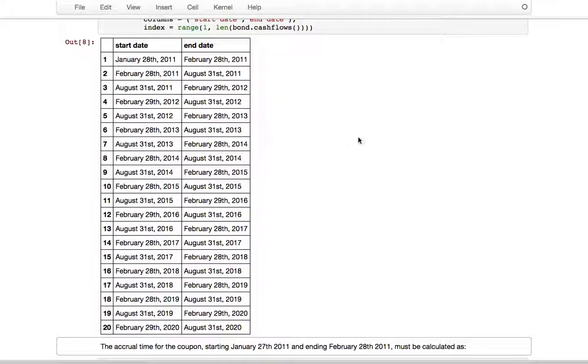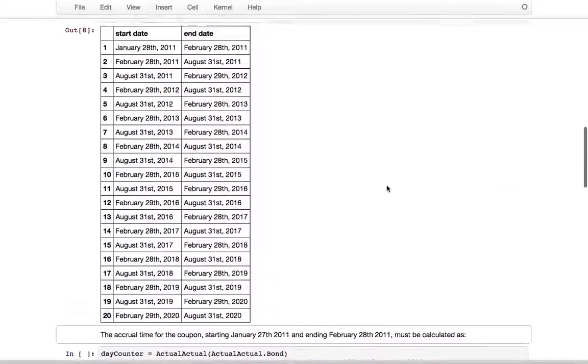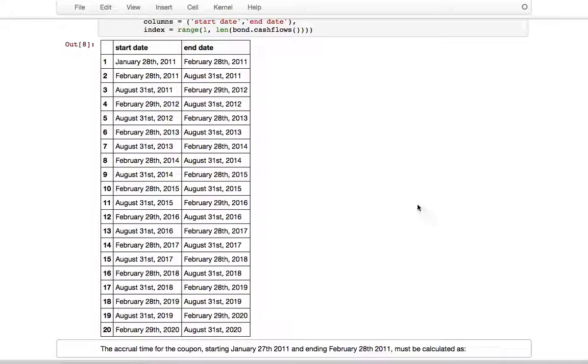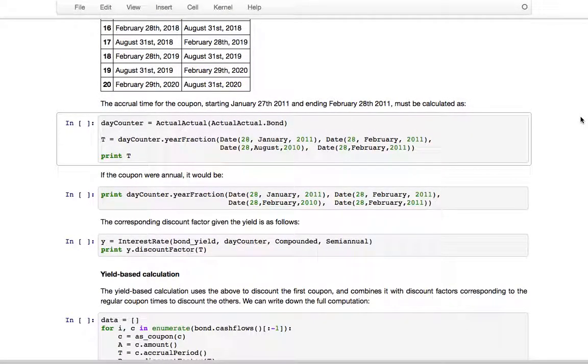So the coupon is 1 month, but as I said, since the rest of the bond is based on a semi-annual schedule, the accrual time must be calculated by passing to the day counter the start and end date for the coupon, but also the underlying reference period, which also ends on the end of the coupon, but goes 6 months backwards, so that the frequency is the same as for the other coupons.